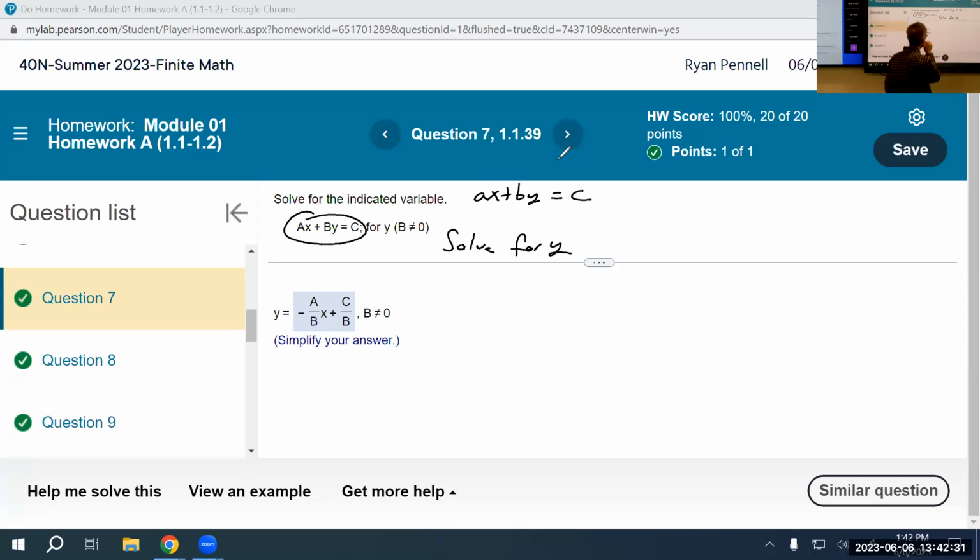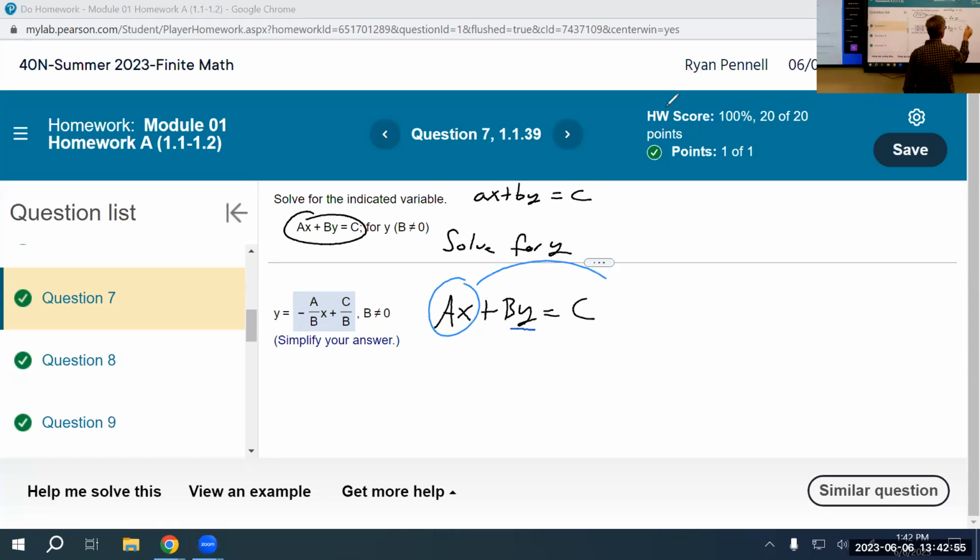Here I am trying to do that. Ax plus by equals c. I want to solve for y somehow. So how am I going to do that? Well, just like we've been talking about today, if you have any other numbers, get them to the other side.